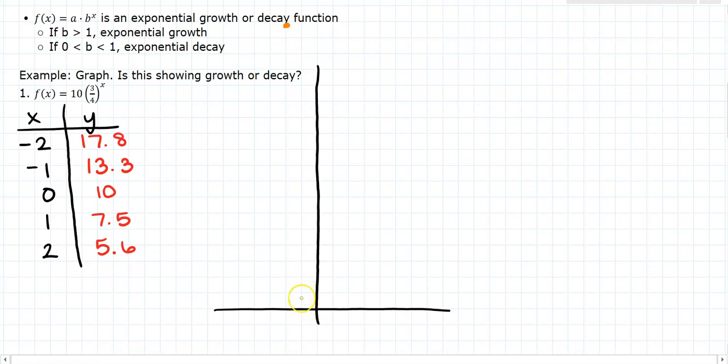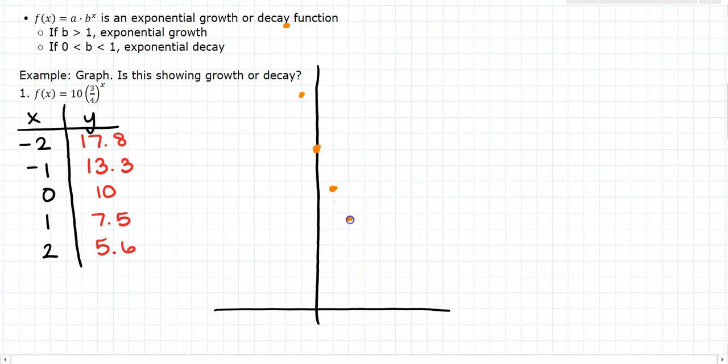So let's see here. Just a little above 13. 0 is at 10. 1 is at 7.5. And your last one, 2 is at 5.6.